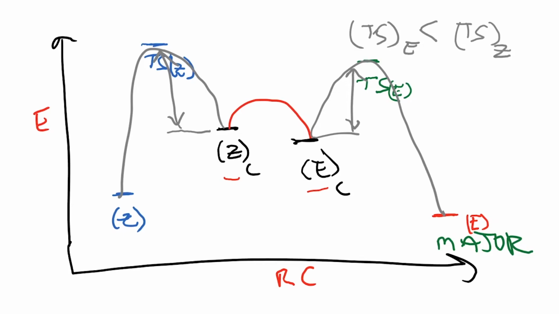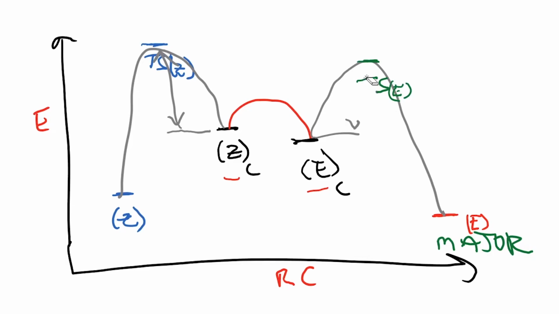Or the way to understand this is that the barrier to the formation of E is substantially lower than the barrier to the formation of the Z product. Okay, so this is something that we may want to look at again.